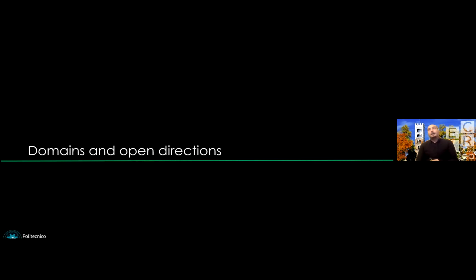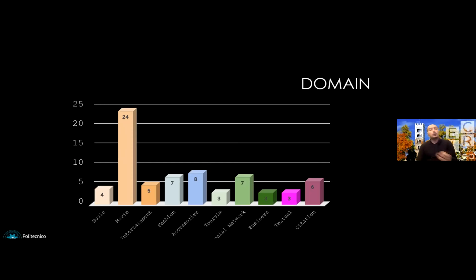Although the interest in GAN applications for recommendation is growing, several challenges and open research directions still remain. First of all, we can see that the majority of works focus on movie recommendation. And this leaves all the other domains basically uncovered.